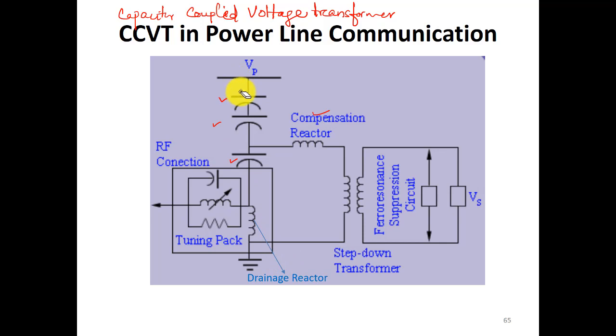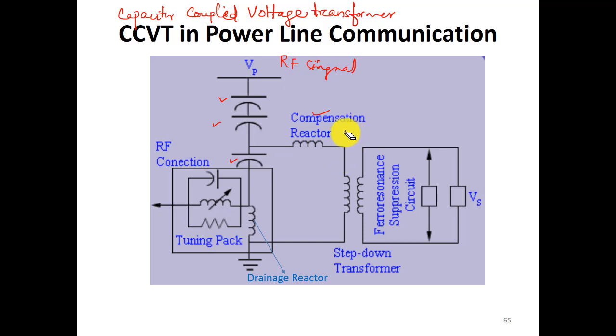Suppose this is your transmission line, to which this end of the capacitance is connected, and the communication signals which are being transmitted through the transmission line are of high frequency, so they are called RF signals. They are high frequency in nature, whereas our power system signal is 50 hertz; RF signals are in kilohertz to megahertz, right?